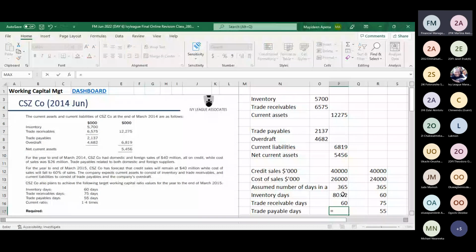For payable days, we take the payable balance, divided by what? Credit purchases. But we are not given this. So we'll use cost of sales in lieu, and then multiply by 365.